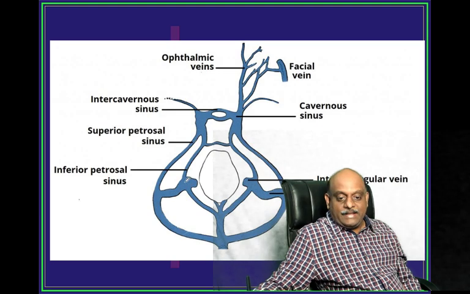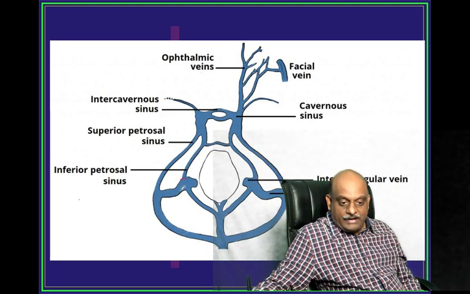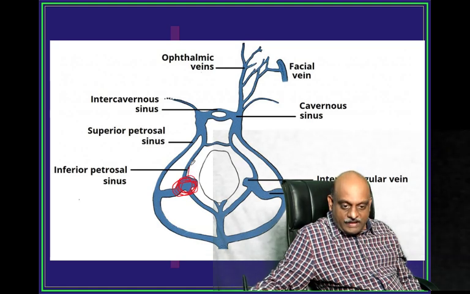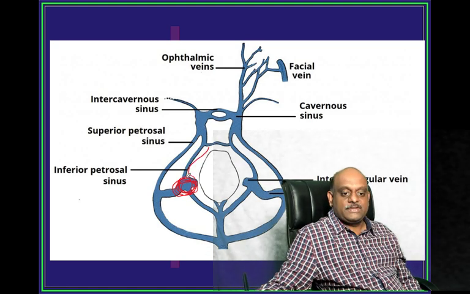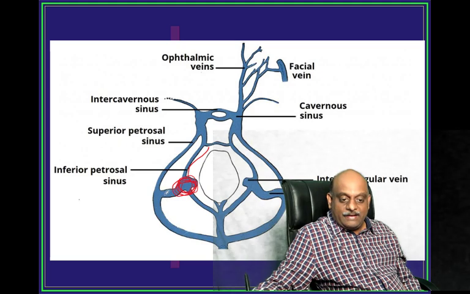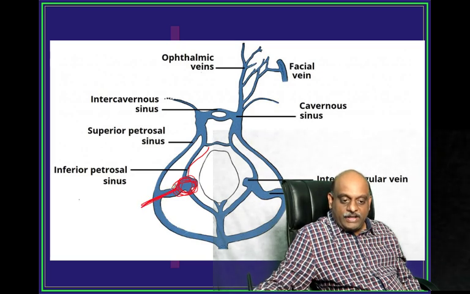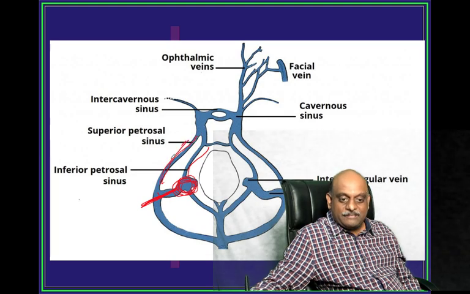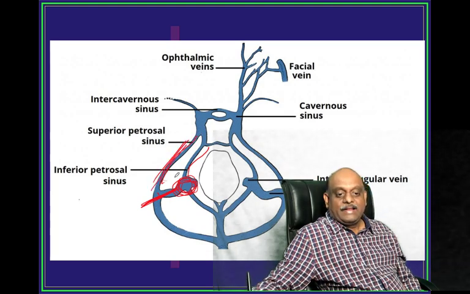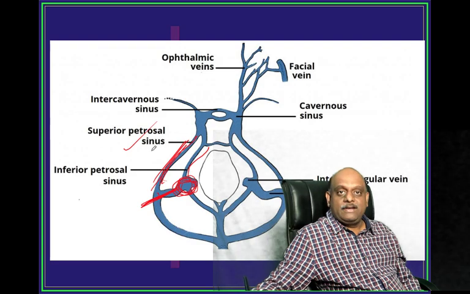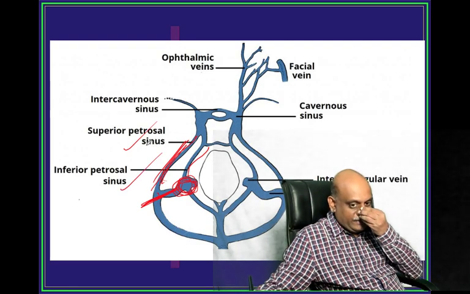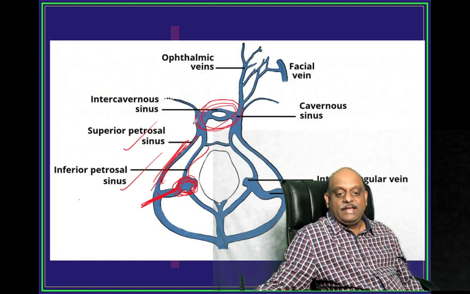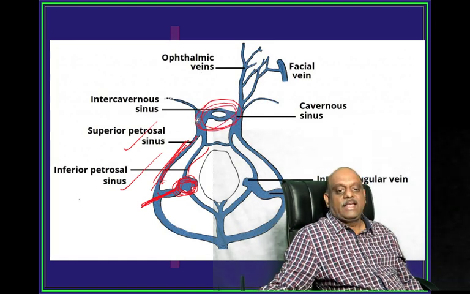So basically you have the internal jugular vein here. From this comes the inferior petrosal sinus. Then from the internal jugular only, your superior petrosal sinus is also coming, right? Superior petrosal venous sinus and inferior petrosal venous sinus, ultimately they are merging and reaching the cavernous sinus.